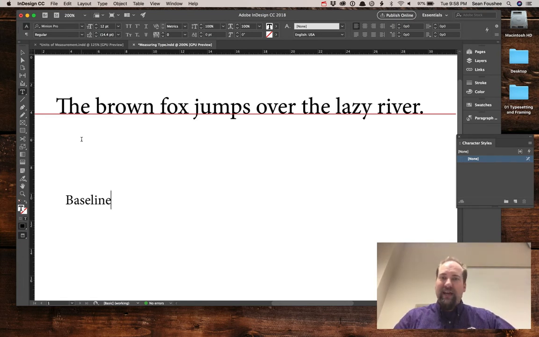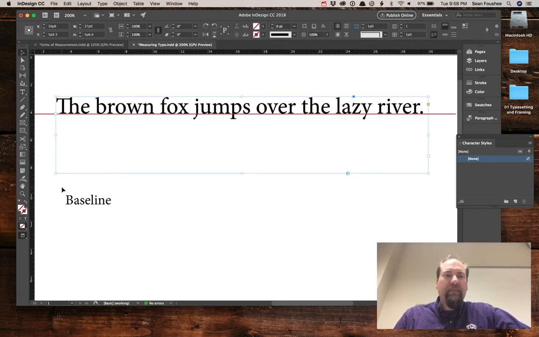The teacher told us we had to write on the line. That's the baseline that it sits on. Now, the baseline is very important, especially later on when we talk about a concept called vertical rhythm and leading, which we'll get into in just a minute. But I want to focus on a couple of other areas that make up measuring type.